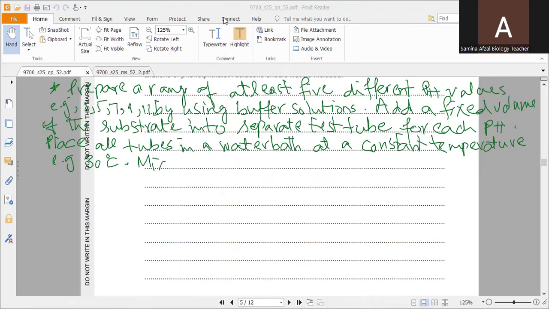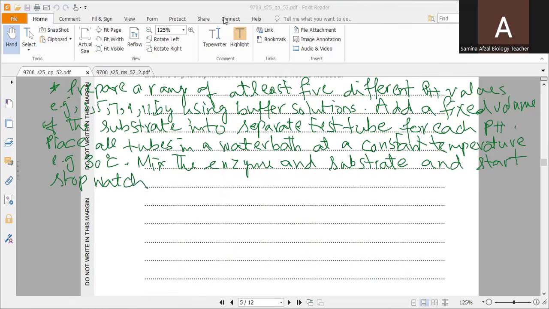Then mix the enzyme and substrate and start the stopwatch for a fixed period of time. For example, 5 or 10 minutes.